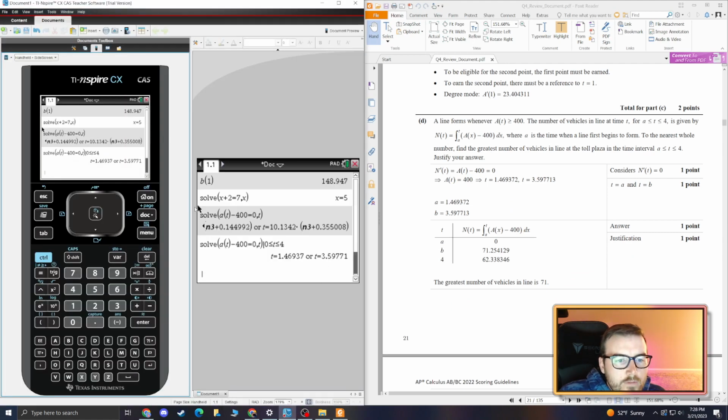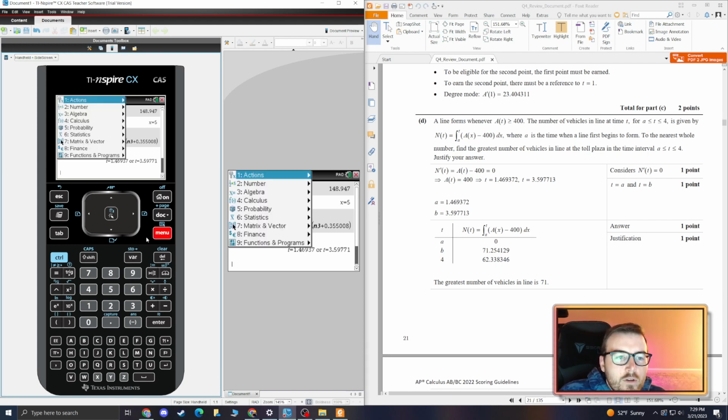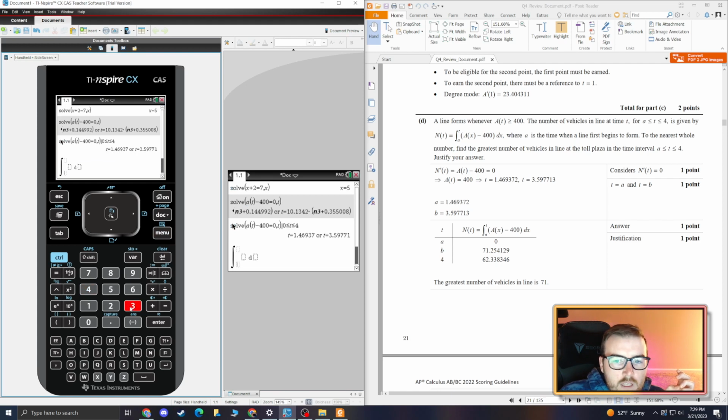So we're going to take the candidates and plug them into the function. The function is an integral, which we haven't typed into the calculator yet. We've typed integrals, but we haven't typed this integral. So calculus, which is 4, and then integral, which is 3.